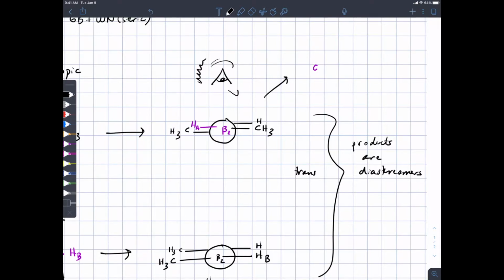The HA would be upward, and the methyl group on that beta carbon 2 would be downward. This is the new double bond between alpha and beta carbons. In the back, we'd have a methyl group upward and a proton downward. And that's the trans alkene.